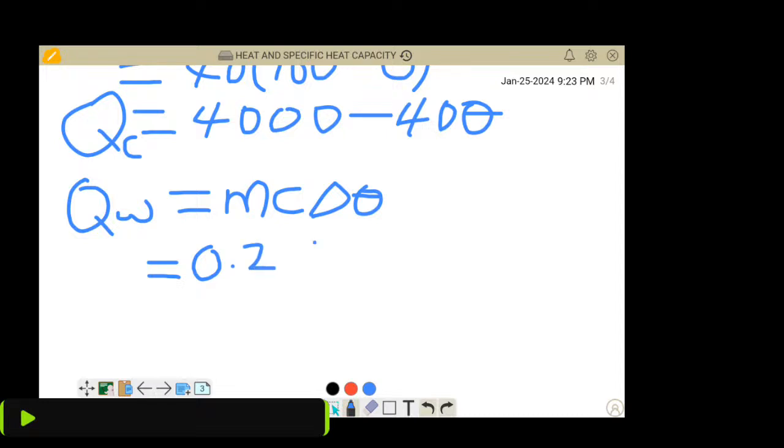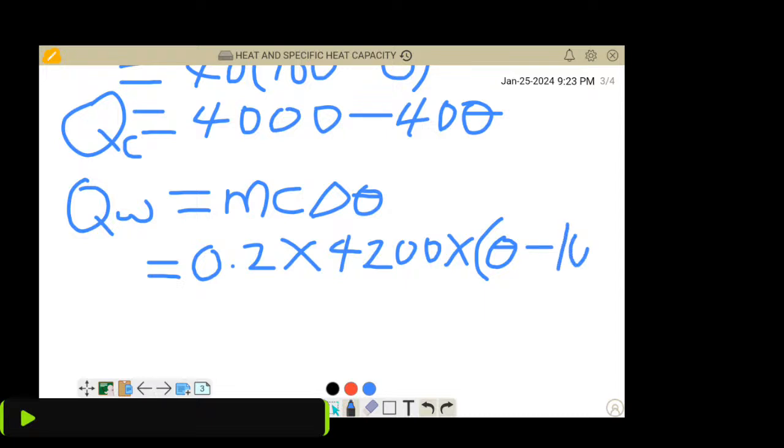The specific heat capacity of water is 4,200. And for the change in temperature of water, remember the water was at 10 degrees Celsius, and when the hot object is dropped into that water, definitely the temperature of the water will rise, and the temperature of the final mixture will be higher than the initial temperature of the water. So the change in temperature of water will be equal to theta, which is the final temperature, minus the initial temperature of water. Take note of that.